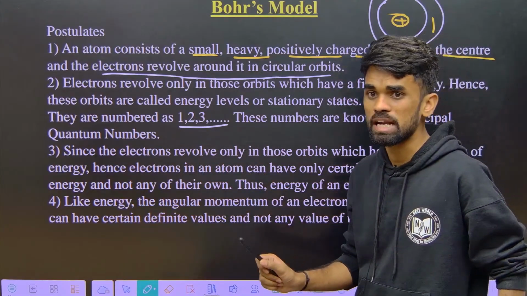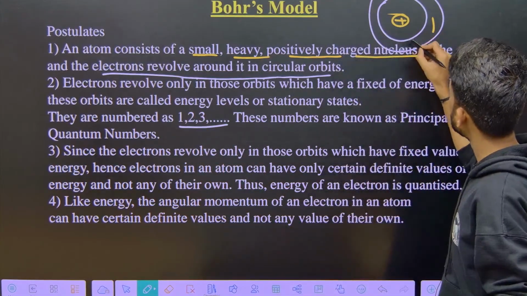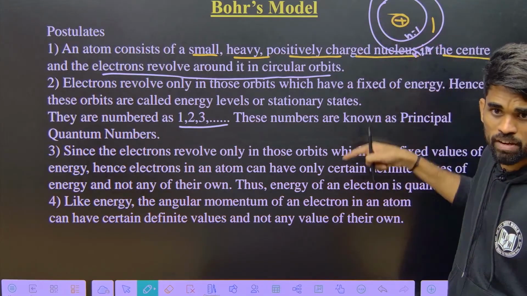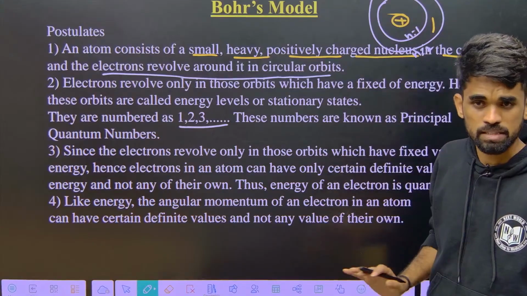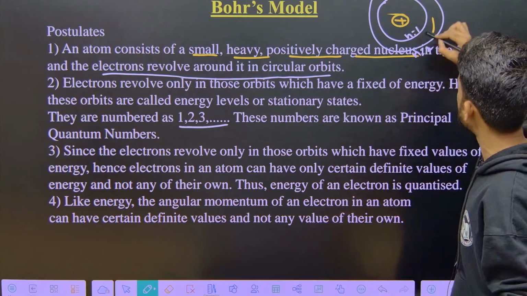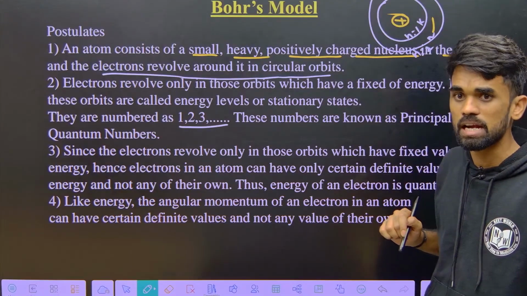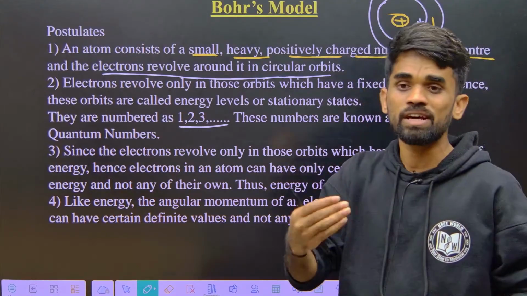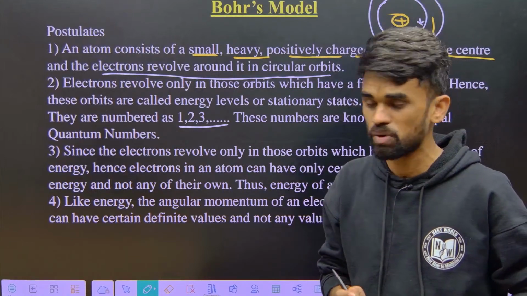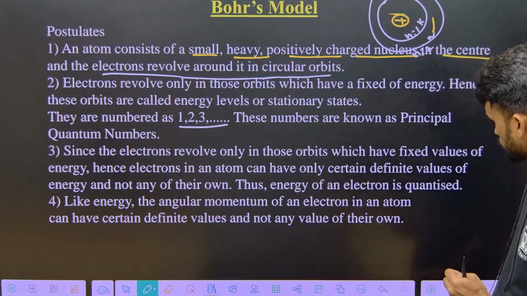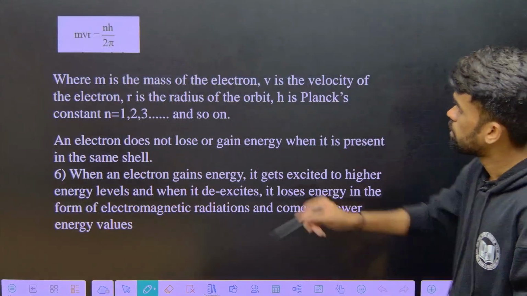So n equals 1, n equals 2, and as we go away, 3, 4, 5, 6 like that. You can also represent them as K, L, M, N shells. These are called shell numbers; later we will call them principal quantum numbers.